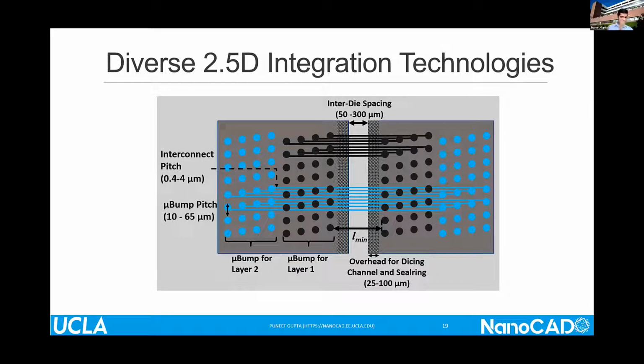The point with this exercise, what I wanted to lead into, is a general question that remains: there is a huge diversity in what the 2.5D integration technologies, let's call them interposers, look like.